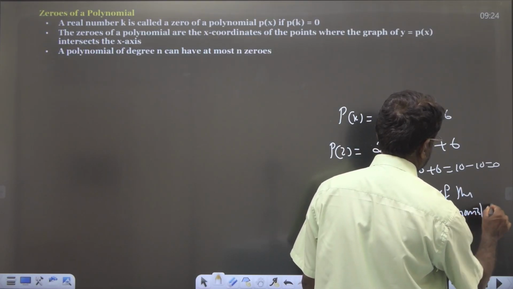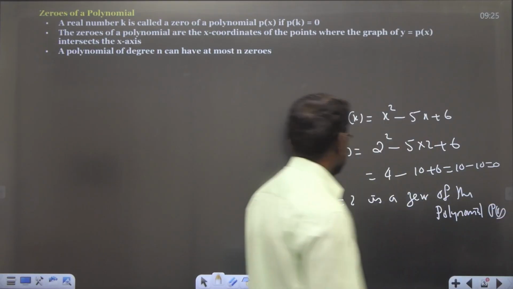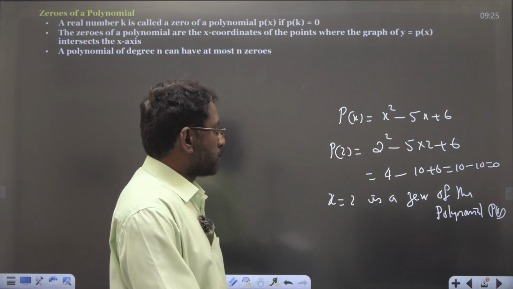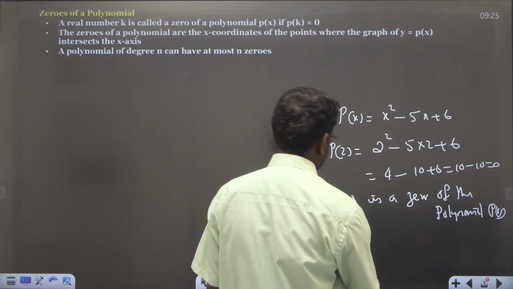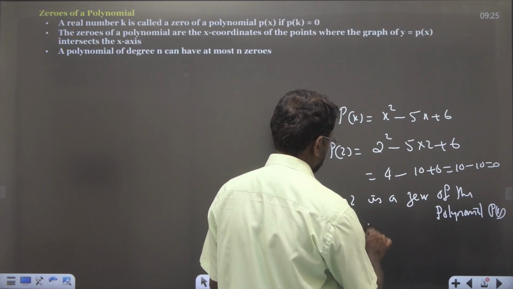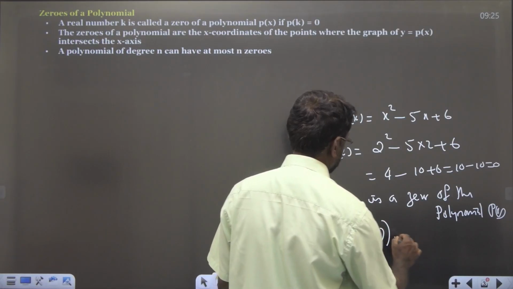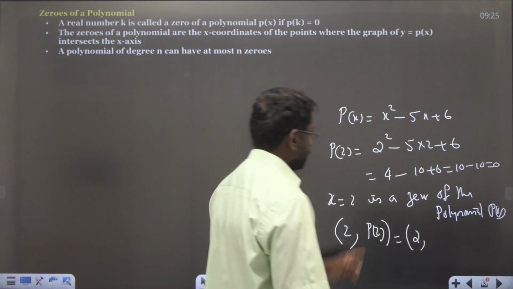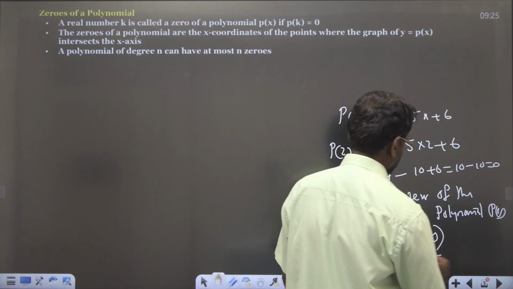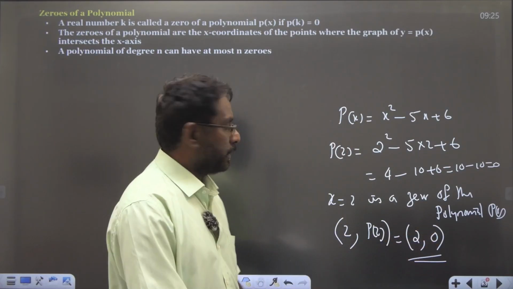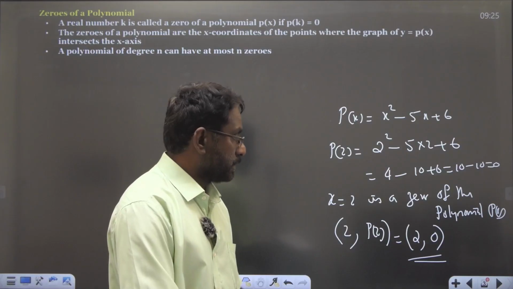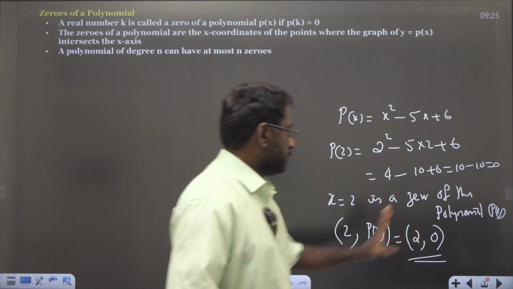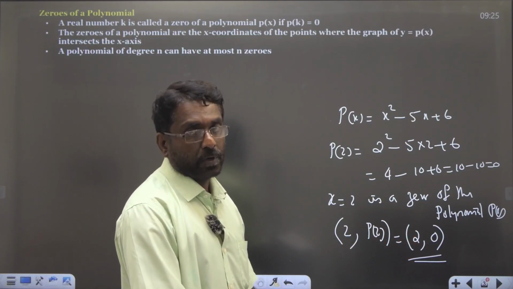That means when x is equal to 2, P of 2 equals 0. Then we can say that this is the zero of the polynomial.